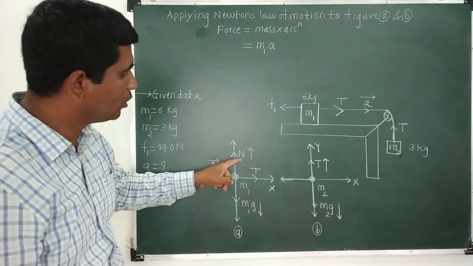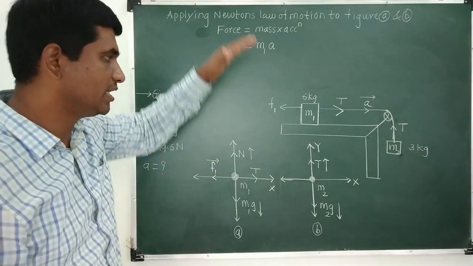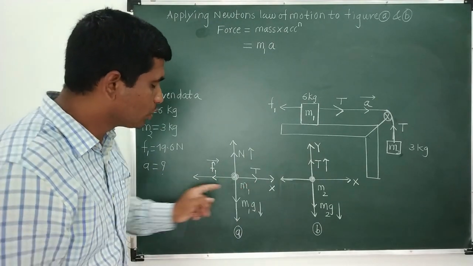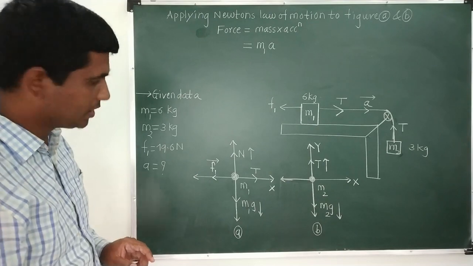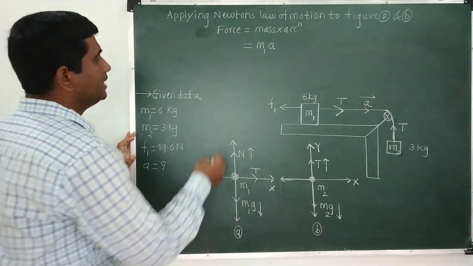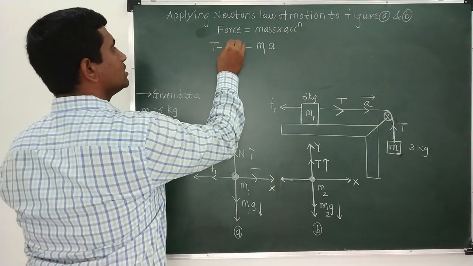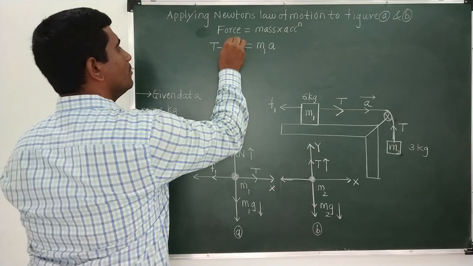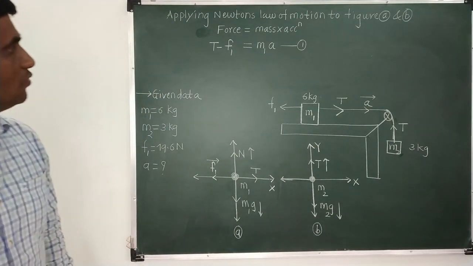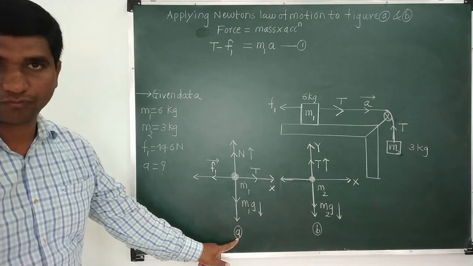The weight and normal reaction are in opposite directions, so they cancel each other because there is no motion along the vertical direction. The forces along the x-axis are the tension and the frictional force, so it is T minus F1. This is the first equation of motion which I have derived for figure A.